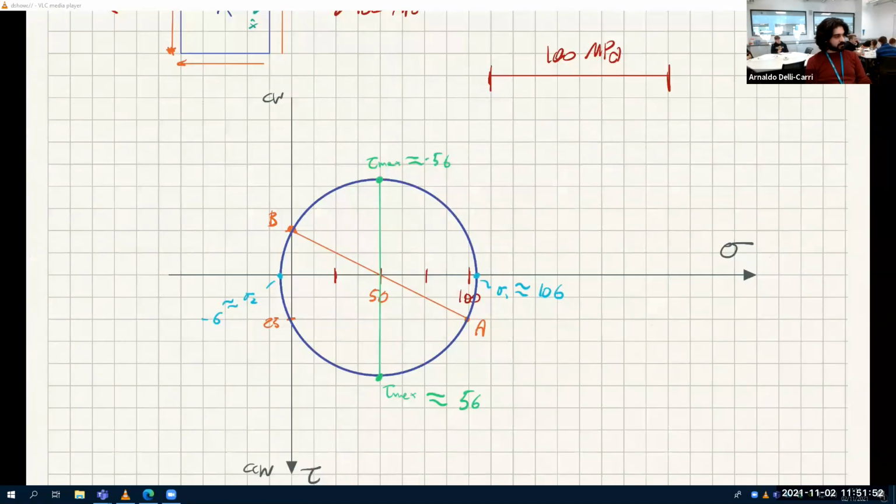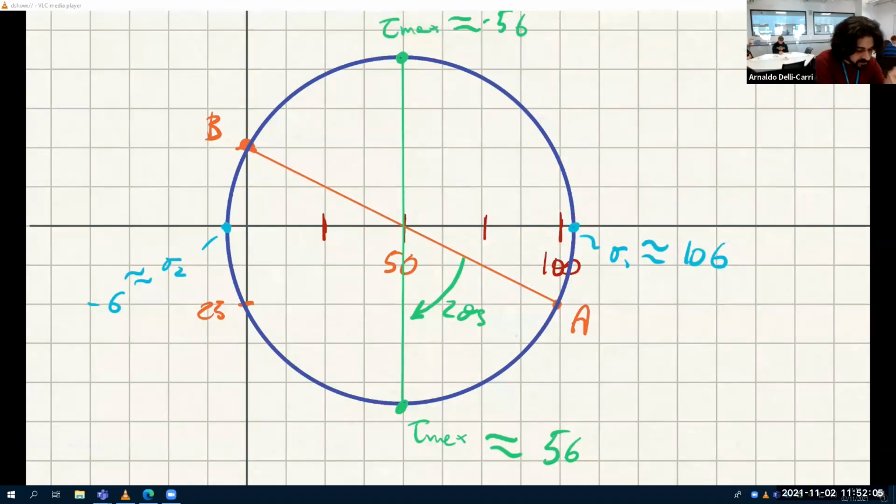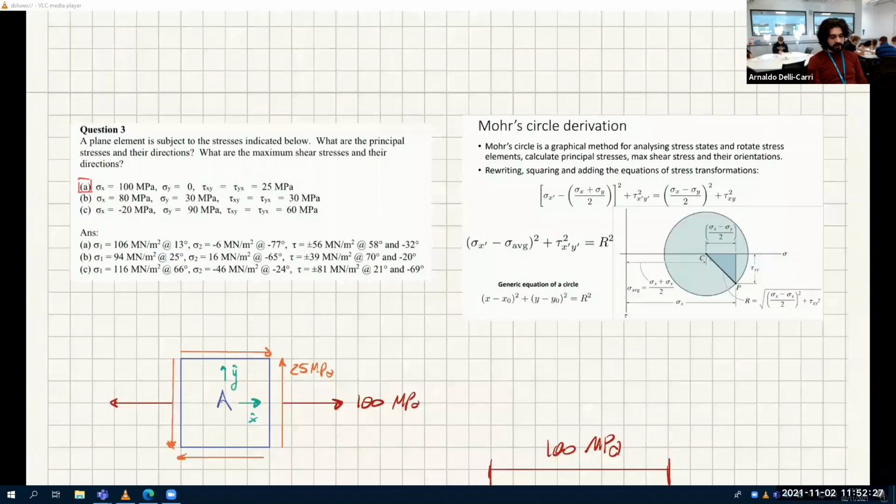Can we find the angles as well? Yes, we can. So this is 2 theta s, which of course I can't measure here on this paper, but if you had a protractor, it's very easy to measure. And this one here is 2 theta p. So you can calculate them very easily using the equations.